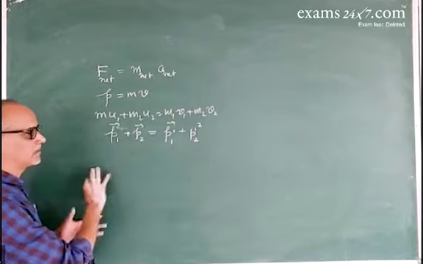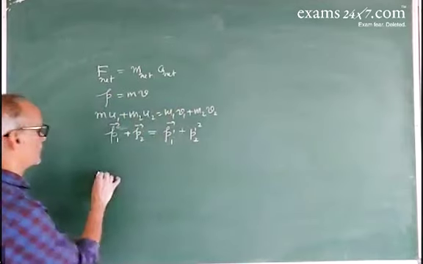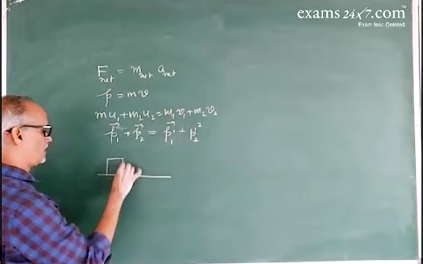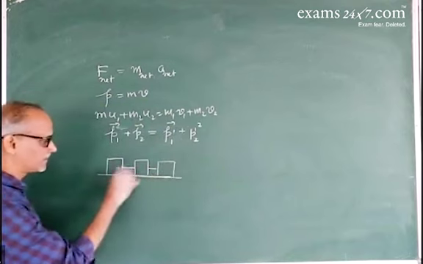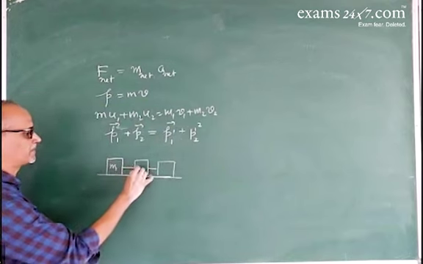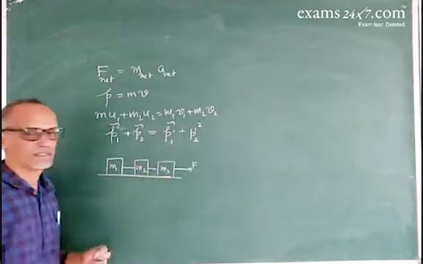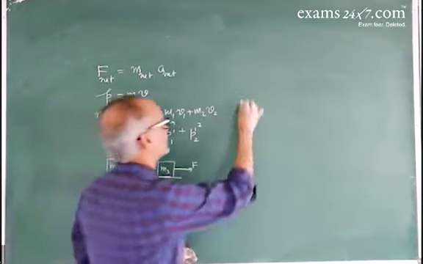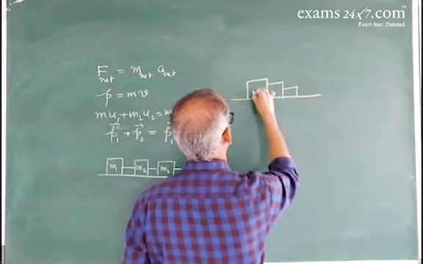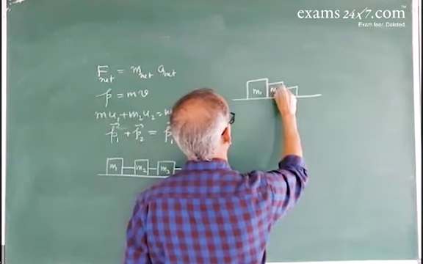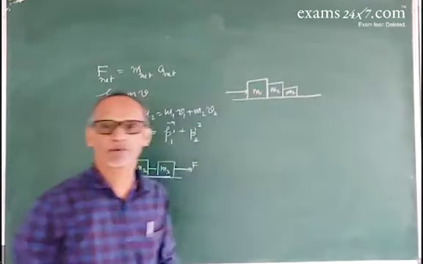Then do remember all the free body diagrams, the simple ones where blocks M1, M2, M3 are tied by strings, and when a force is applied, what is the tension in the strings? Or free blocks M1, M2, M3 are pushed, then what is the contact force between the two bodies?